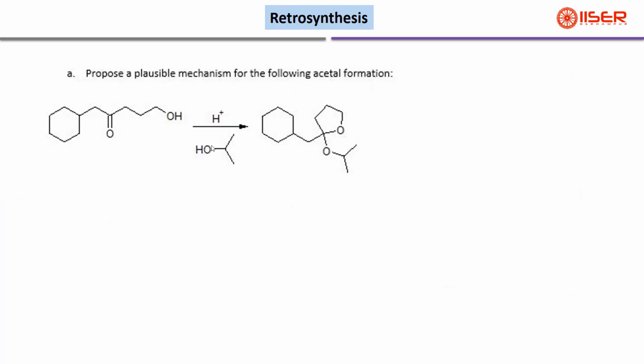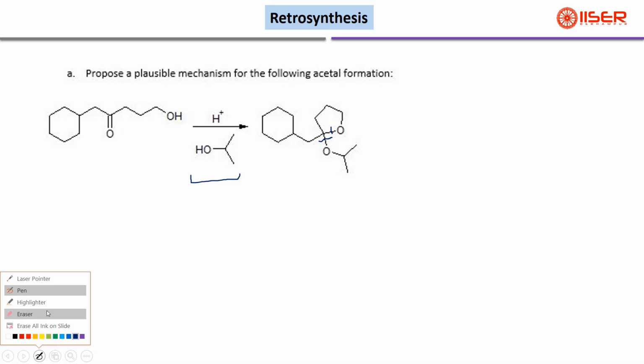Propose the possible mechanism for this acetal formation. What is the proposed mechanism? For that one, just plan it: if you just try to cut the bonds, this has been newly incorporated. So we can cut this bond. You also see this is a straight chain. The ring has been formed. So we can cut this bond also. So first, let's go one by one.